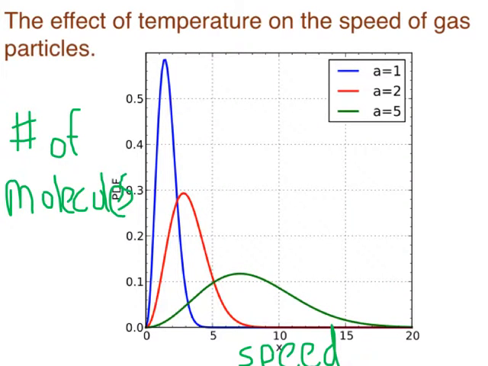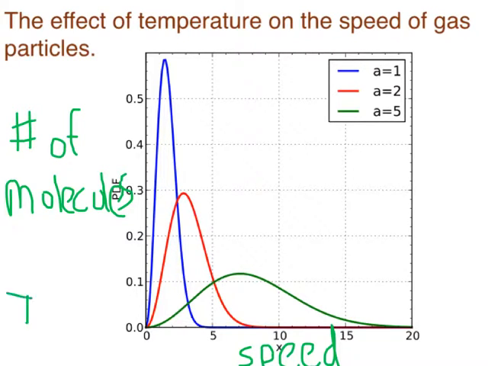The first group of experiments that these gentlemen did revolved around the effect of temperature on the speed of gas particles. Here in this graph, we have on the y-axis the number of molecules, and on the x-axis we have the speed. What we're assuming here is that the temperature is going up.